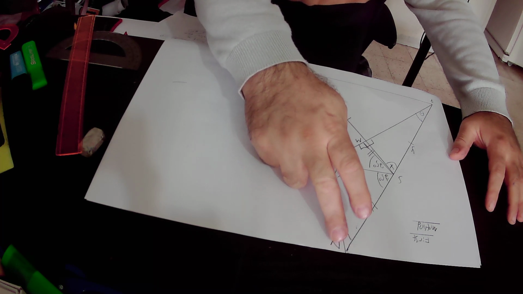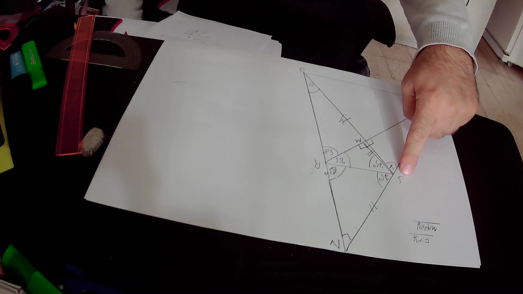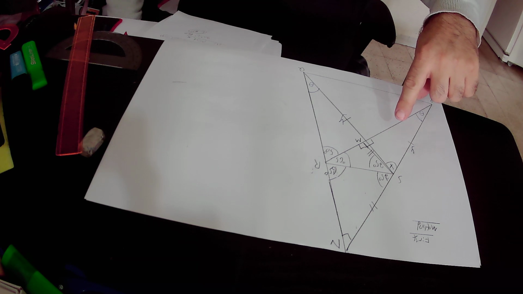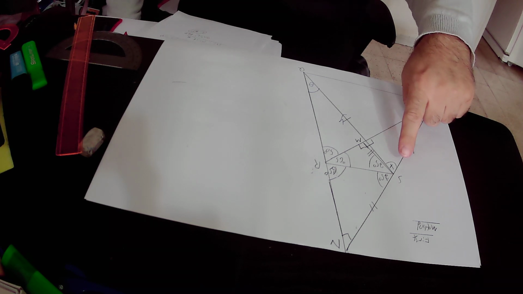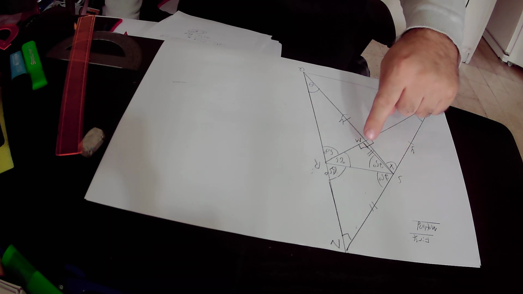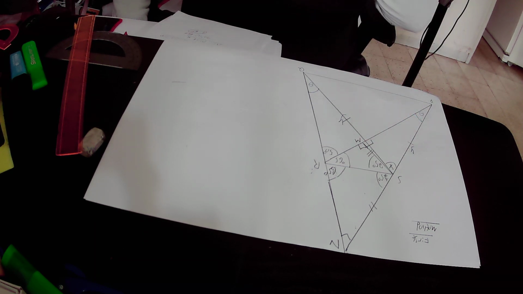This point is point N, and from point S we also draw a perpendicular to PR. So the perpendicular SM creates 90 degrees with PR. This angle is 90 degrees, and this angle is also 90 degrees.